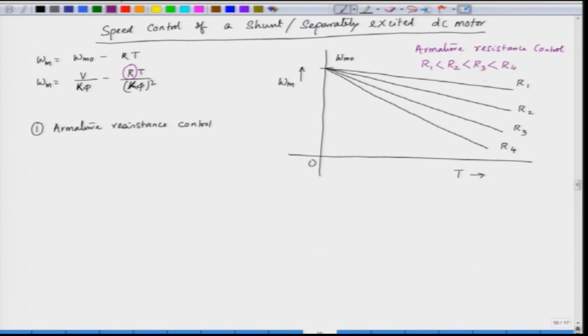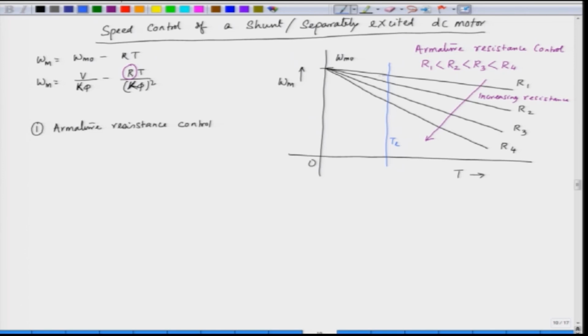So, we are basically increasing the armature resistance. When we are increasing the resistance, naturally the torque speed characteristic will change, and if we have a load torque here, suppose this is our load torque T L which is almost constant, the intersection of the motor and the load characteristic will decide the operating point.